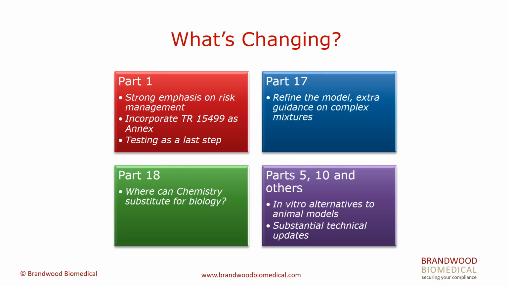Part 18 is undergoing a very substantial revision and asking the question really, where can chemistry substitute for biology? Can we do enough with chemistry to really understand the materials without needing to do biological tests? And parts 5, 10 and others are introducing new alternative testing models, including some new in vitro alternatives to animal models, and there are substantial technical updates going on.